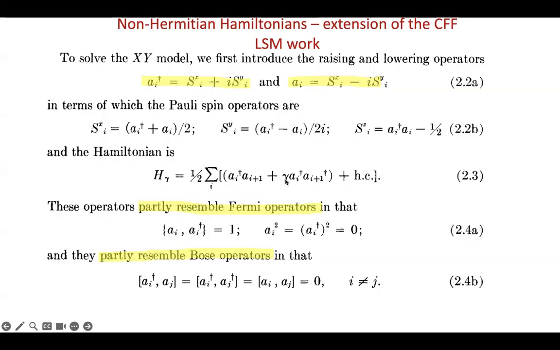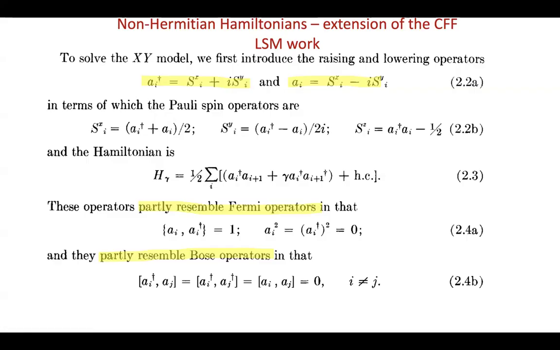If gamma is 0, the isotropic case, then the second term drops off. This term is only gamma dependent. And the Hermitian conjugate of this, basically you take the conjugate of this. So just for keeping life simple, imagine gamma is 0. You're doing the isotropic XY model, then the second term is not there.